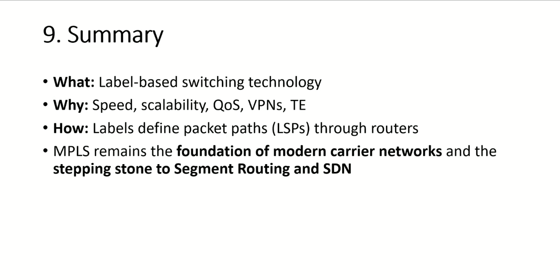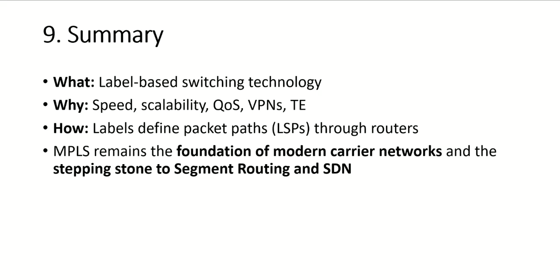Right. So what is MPLS? Label-based switching technology. Why do we need MPLS? For speed, scalability, QoS, VPN, traffic engineering. How does that happen? By distributing the label, MPLS can develop a label-based control plane, label-based path.